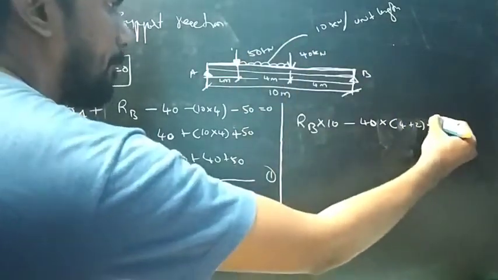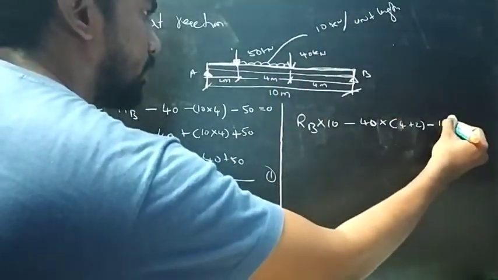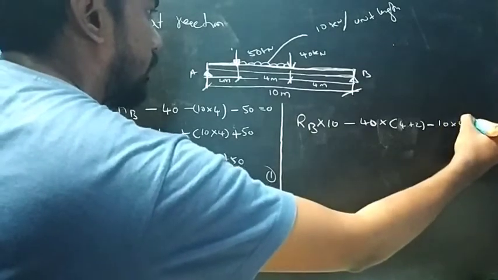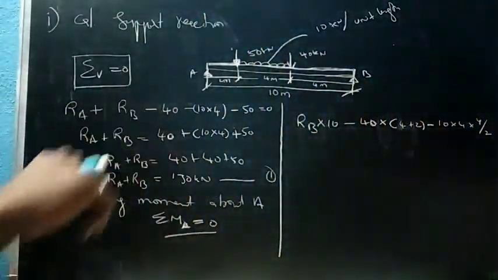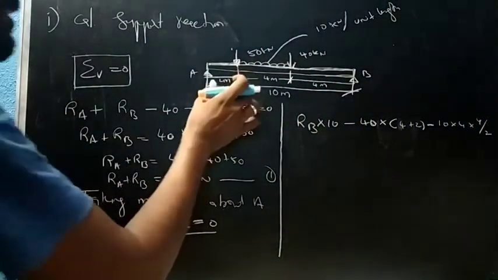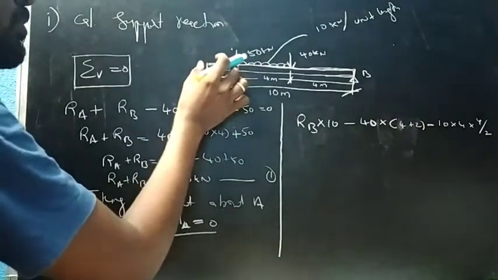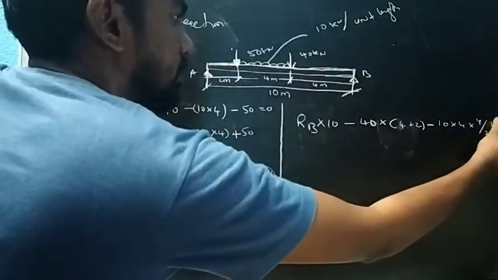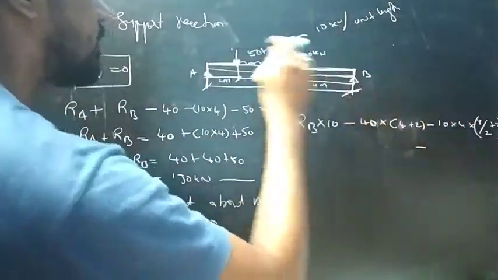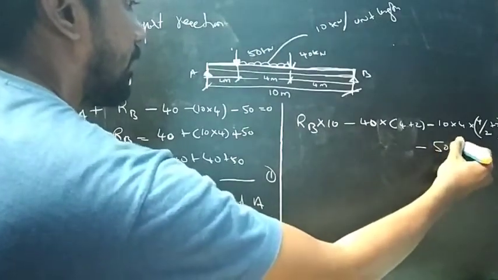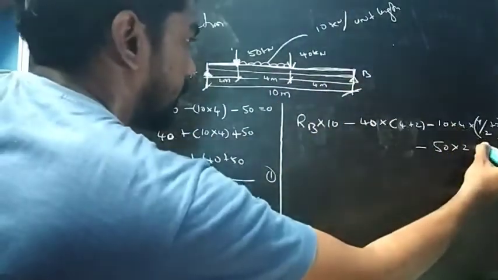Next minus 10 kilonewton, that is the uniformly distributed load, 10 into 4 into 4 divided by 2, right? 4 divided by 2, and the distance from A to this load, we don't have any uniformly distributed load, so you have to add this, that is plus 2, right? And next we have minus 50 into the perpendicular distance, that is 2 meters, right, equals 0.